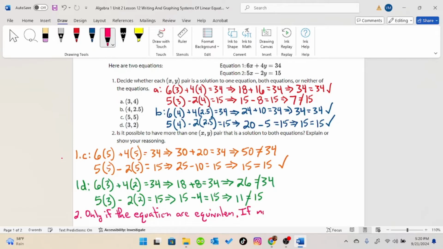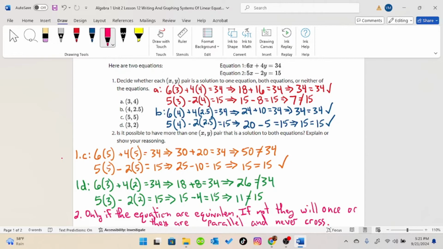If not, they will cross once, or they are parallel and never cross. So we are graphing straight lines.